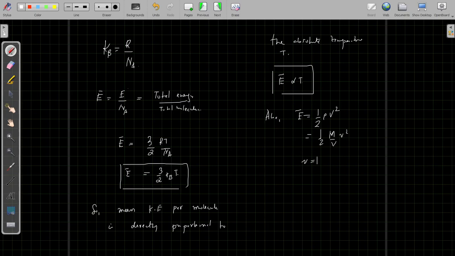So for 1 unit volume, we get half m V square. This is capital M for total mass. So if I equate this and this, I'll see that half m V square is equal to 3 by 2 kBT.